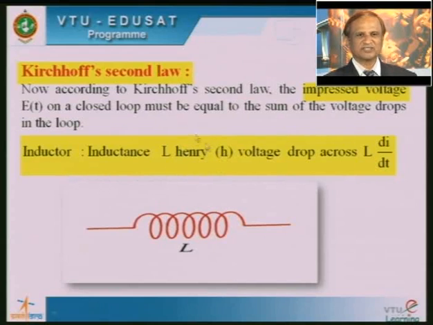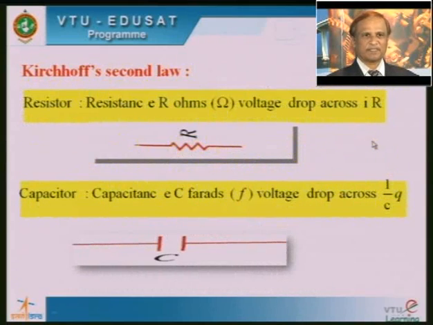We use the unit Henry. The voltage drop across it is denoted by L into di by dt. This is the circuit and this is the formula in case of an inductor. Similarly, a resistor, resistance R, is measured in ohms.